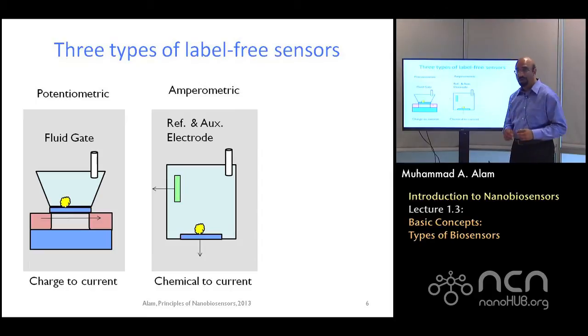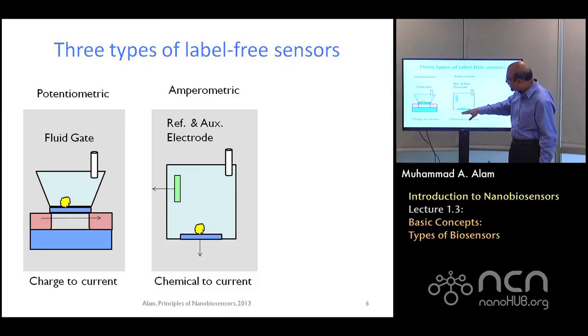Now, once the biomolecule comes in, it behaves like a catalyst, in that it changes the ability of this electrode to collect current. And therefore, the arrival and conjugation of the biomolecule is reflected in enhanced current. And this would be called an amperometric sensor.